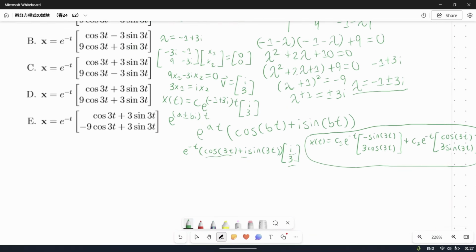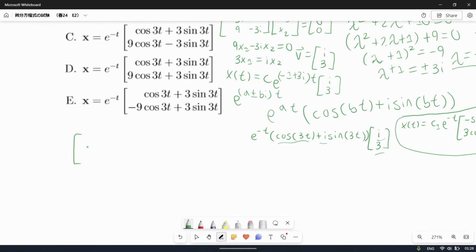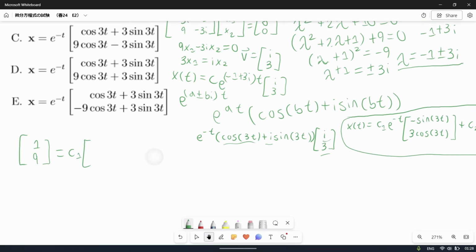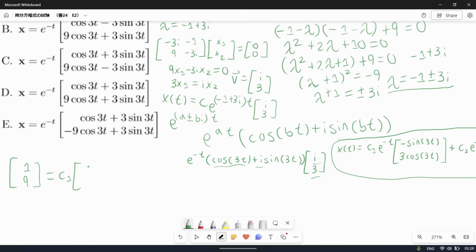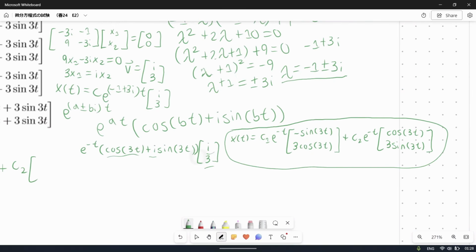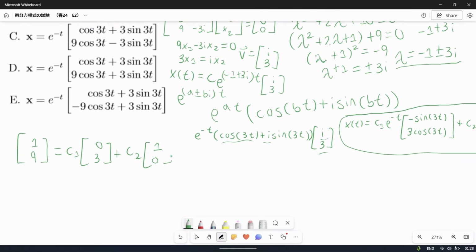When we do that, we can say that 1 and 9 is equal to c sub 1 times negative sine of 0, which is 0, and 3 cosine of 0, which is 3, so 0 and 3, plus c sub 2 times cosine of 0, which is 1, and 3 sine of 0, which is 0. So this is the equation that we've set up to solve the initial value problem.